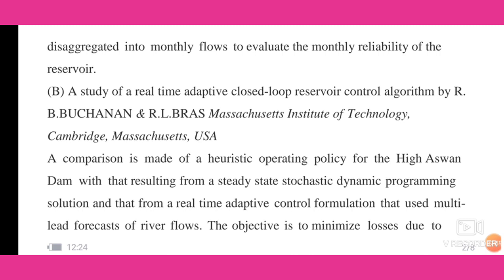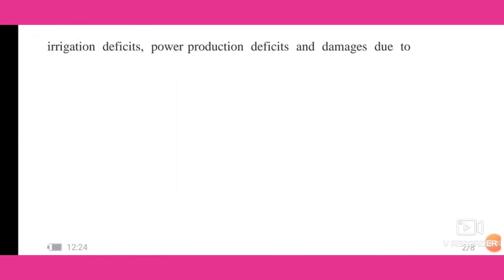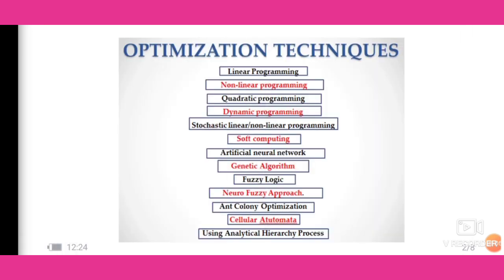The objective of that study was to minimize the loss due to irrigation deficits, power production deficits, and damages. So these were the optimization techniques.